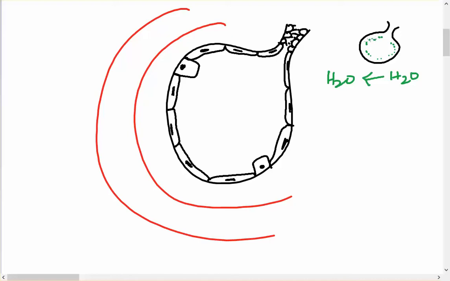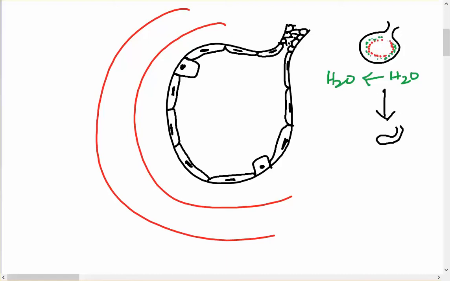So now we have H2O here and H2O here, right? If they both pull strongly, then the alveoli will collapse. If they are left like this, what happens? The alveoli will become like this, because the water molecules pull each other. To avoid that, we have a special substance called surfactant.